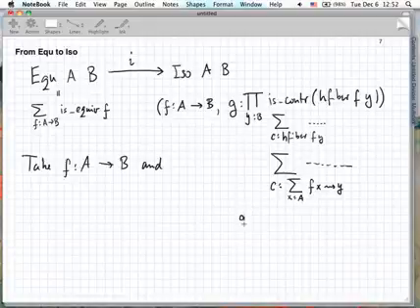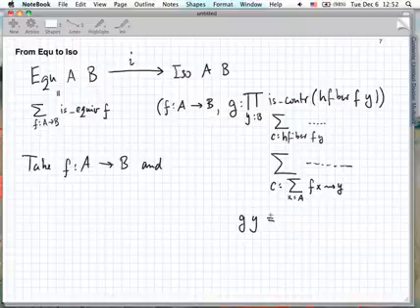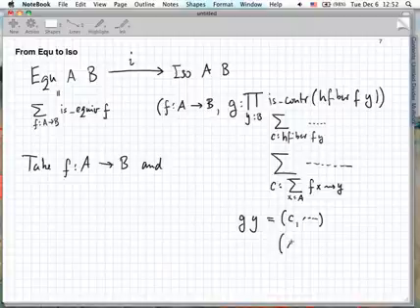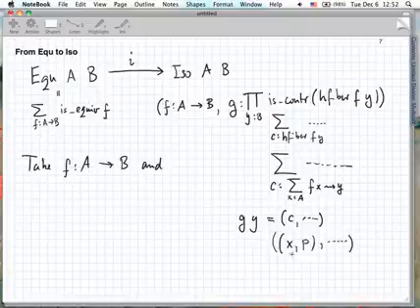When I apply G to y, what am I going to get? G applied to y is an element of this sum, so it's going to be a c together with some stuff, which is this stuff here. But this c, again, is going to be a pair, so this is going to be an x together with a path, together with some stuff. And it's this x I'm after.